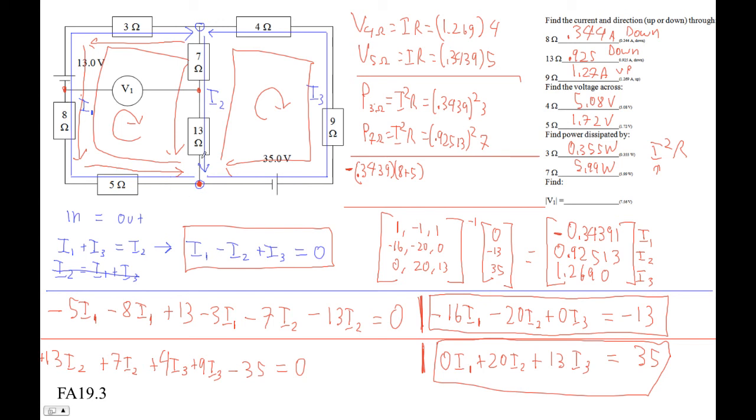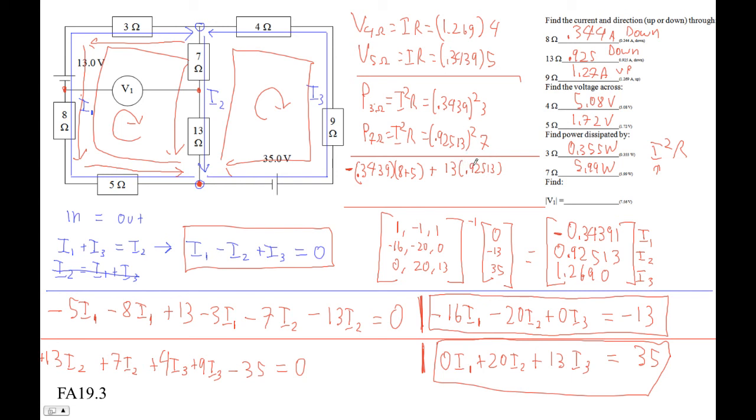Okay, and then I'm going to go upstream through the 13 ohm, and it really is going down, right? So that's the 0.92513, right? So plus 13 times 0.92513. Okay, so here we go. This is it. Okay, so 0.3439 times, okay, here we go.